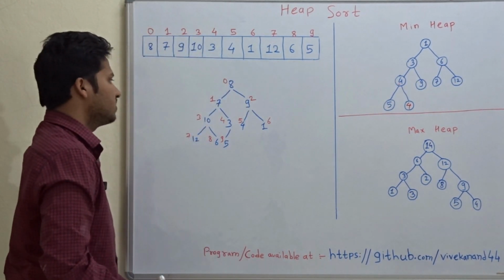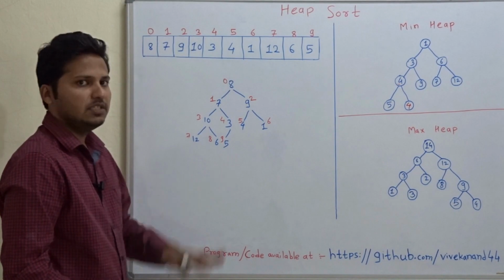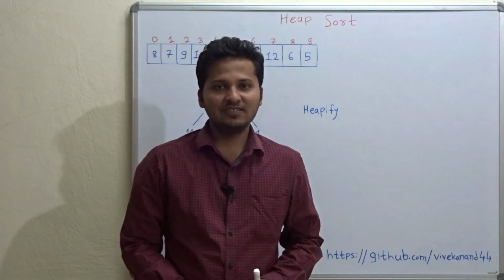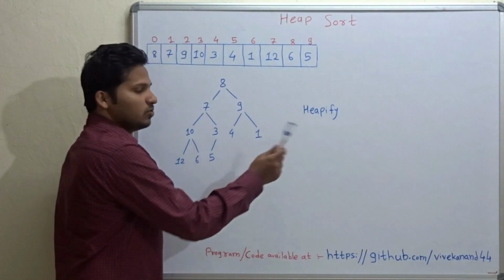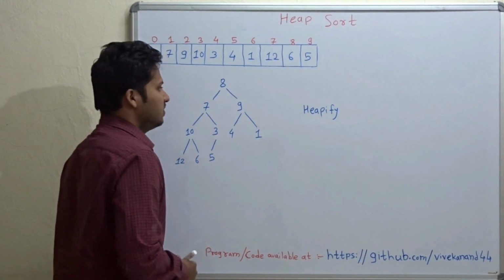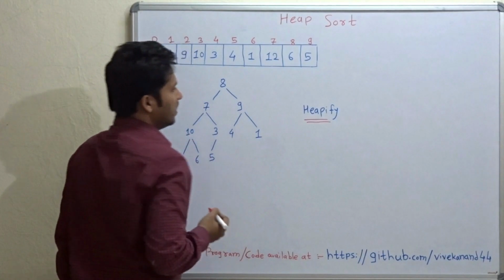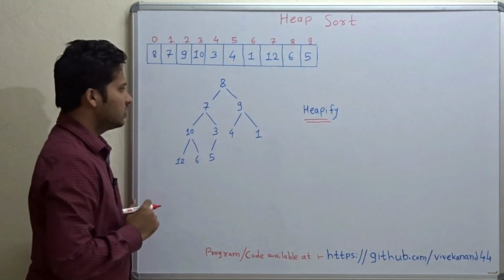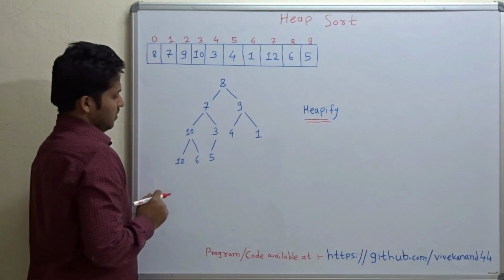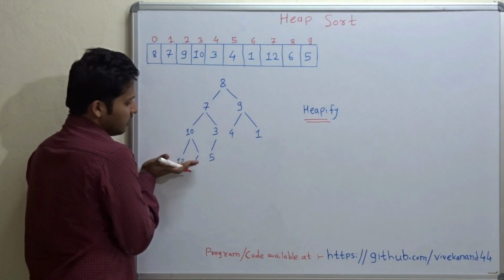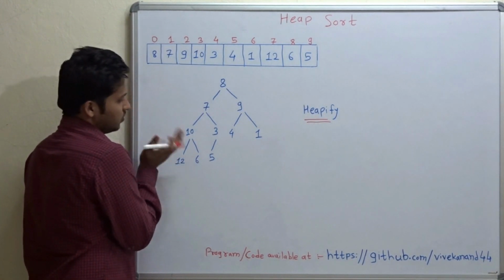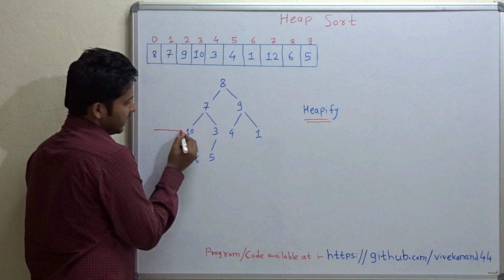So now let's convert this tree into a heap. For converting the tree into a heap, we use a method called Heapify. So let's see how this method works. Always start above the level of the leaf nodes, that is the second last level.